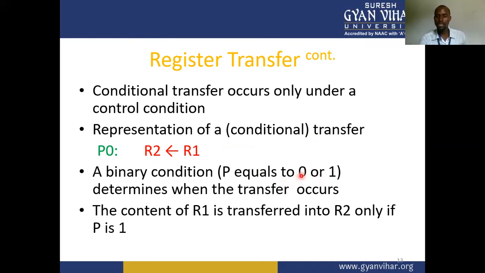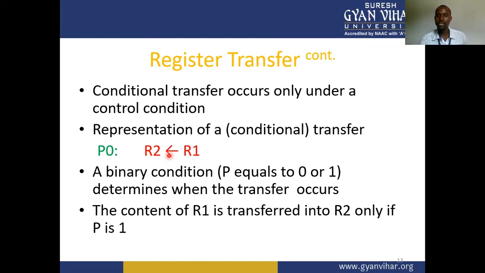Now, 0 is when this conditional transfer allows R1 to send its information to R2. When P turns to 1, it means it can restrict any other register that wants to communicate.